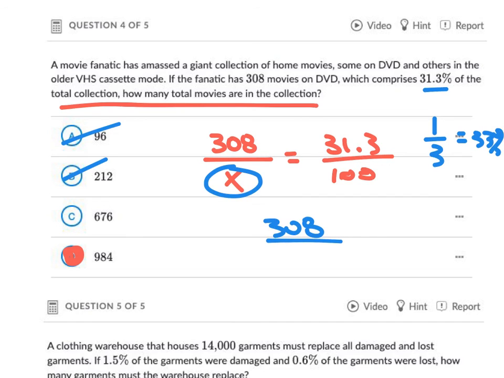You could do 308 divided by 676. Let's see what you get. That's 45%. But if you did 308 divided by 984, that's 31.3%. Okay? Either way.